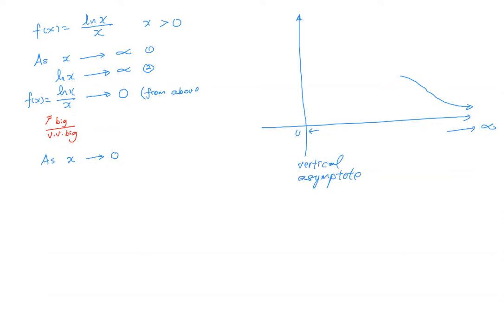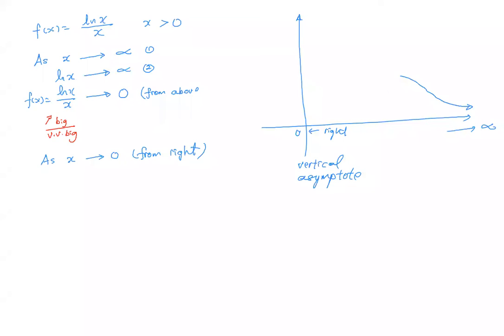So we have to say approach. So approach zero from what direction? This is from the right, am I right? So approach zero from right. That means my x becomes very, very small and almost equal to zero.